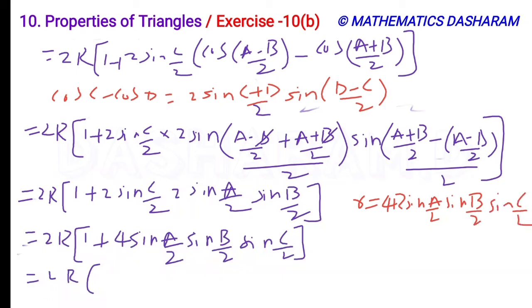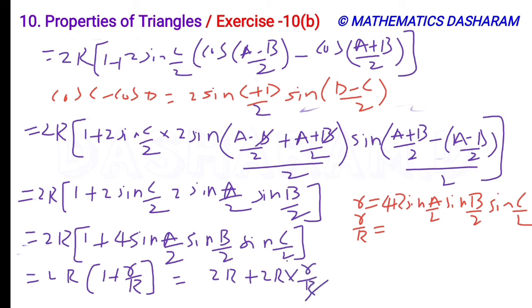From this we can write r by capital R equals 4 sin A by 2 into sin B by 2 into sin C by 2. So at this place we can write r by capital R. Now multiply 2R inside: 2R into 1 is 2R, 2R into small r by capital R, capital R cancels. Now we can take 2 common, capital R plus small r. So it is equal to RHS.